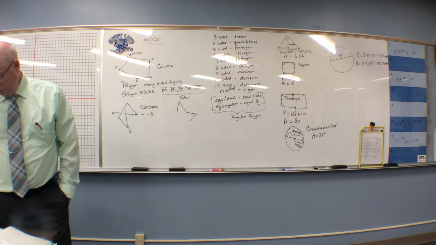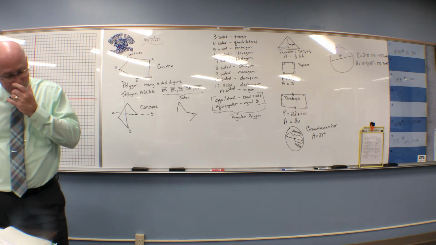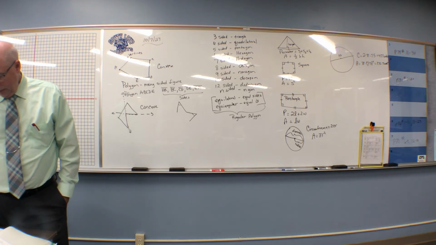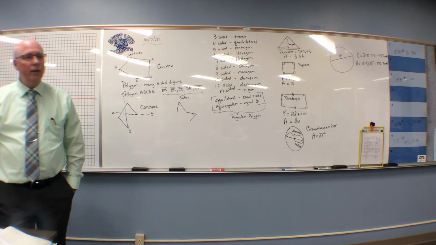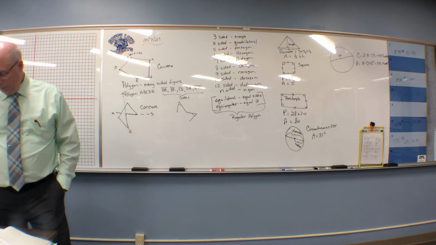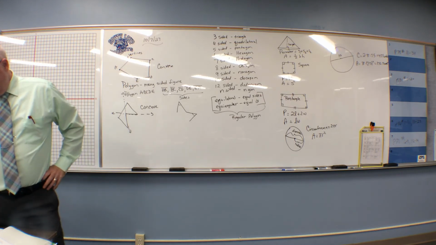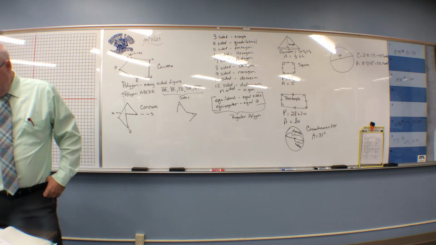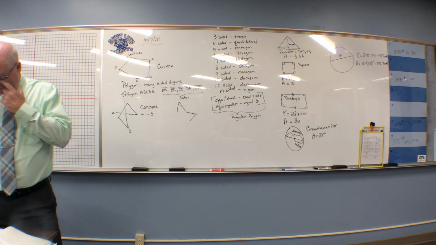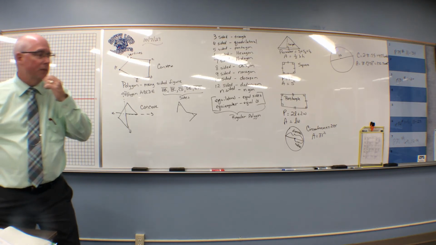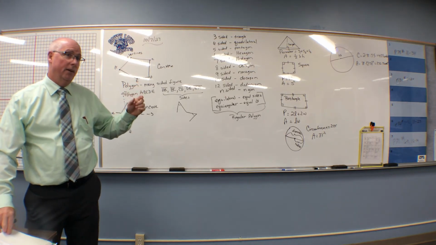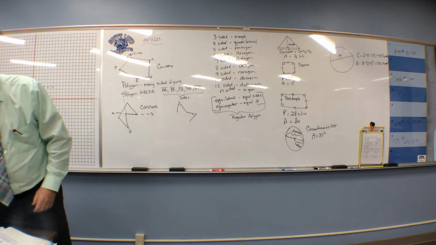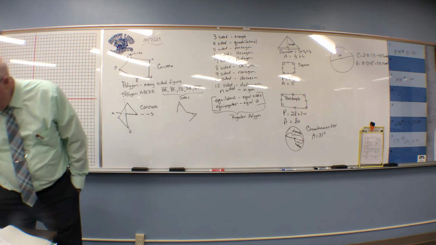Number 14. That is a quadrilateral. Convex or concave? Convex. And is it regular or irregular? Irregular. 15, Halloween, right? Kind of looks like a pumpkin, doesn't it? What is that? How many sides does it have? It has 11 sides. If you look at the chart, which I didn't put on there, it's called a hendecagon.